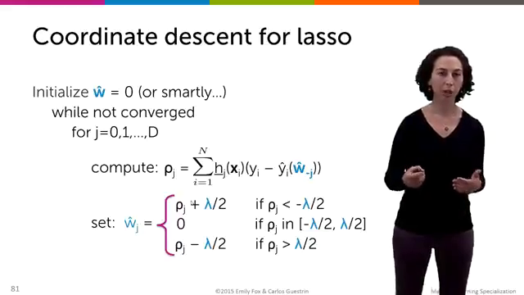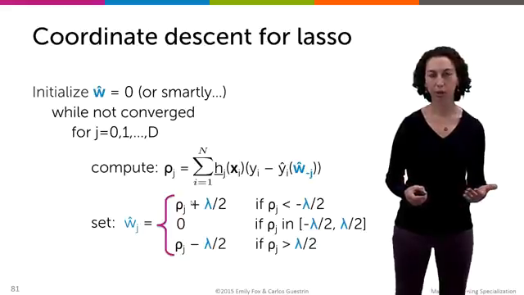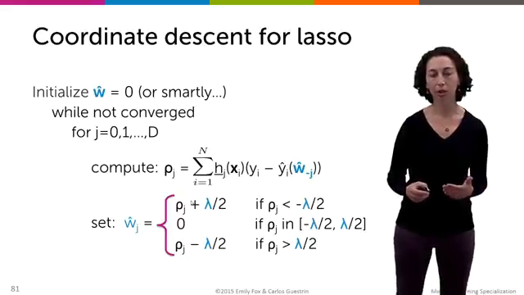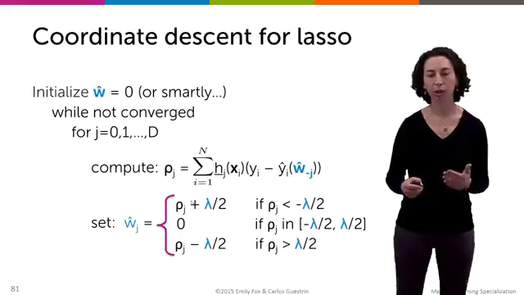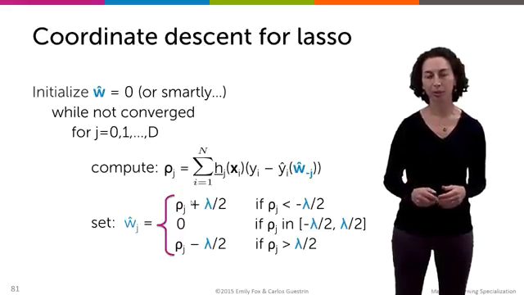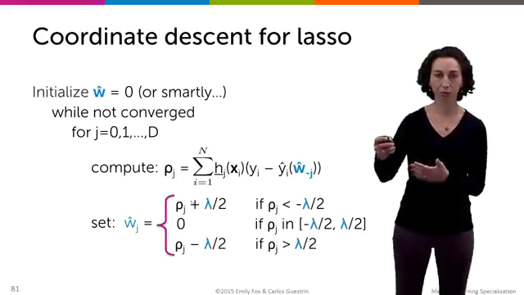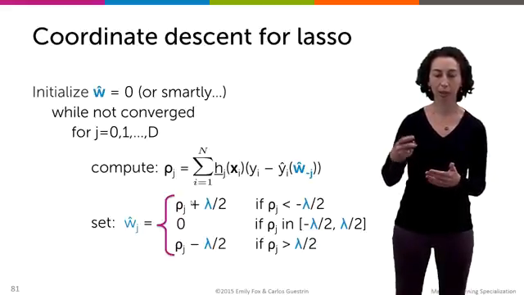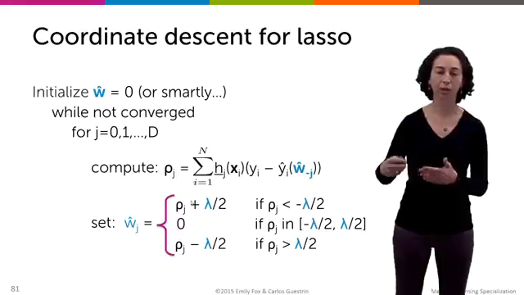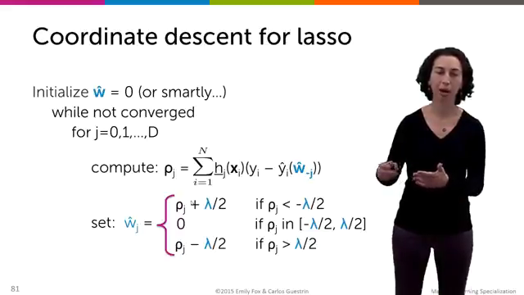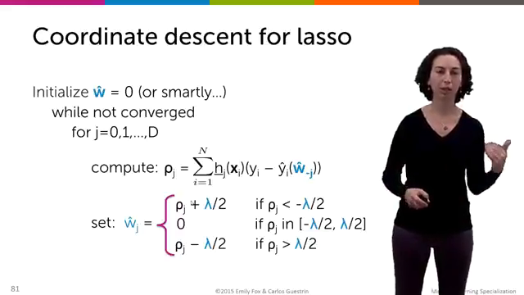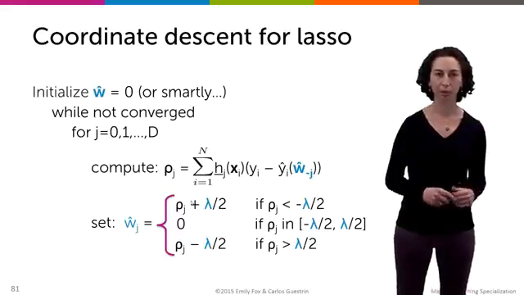Then we're going to include that feature in the model, just like we did in our least squares solution, but relative to our least squares solution, we're going to decrease the weight. So in the positive case, if we have a strong correlation rho j, instead of putting W hat j equal to rho j, we're going to set it equal to rho j minus lambda over 2. And on the negative side, we're going to add lambda over 2.